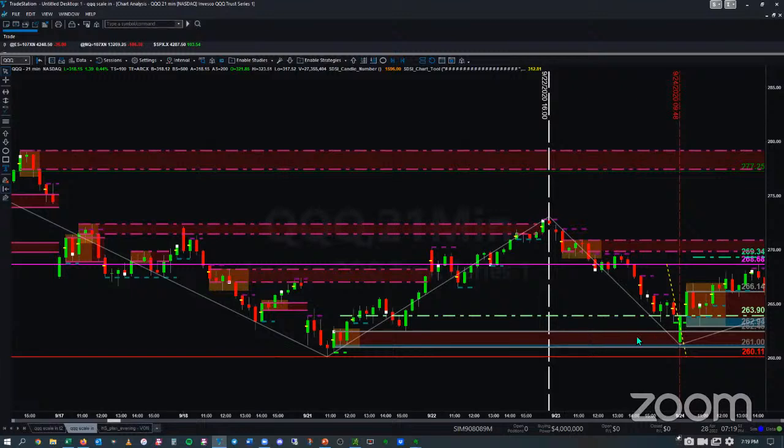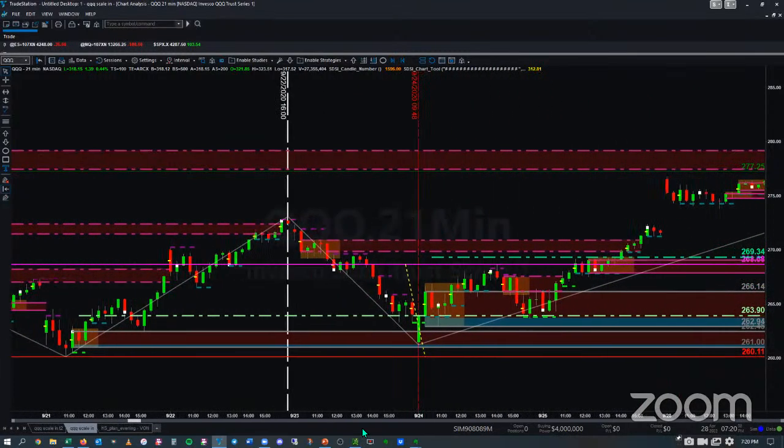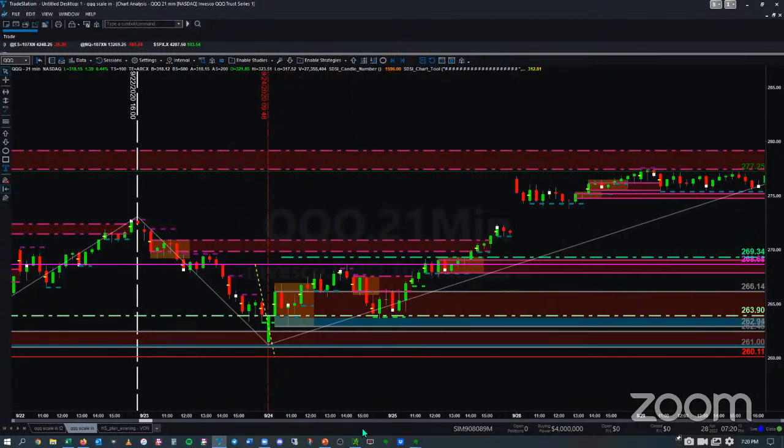And then price went on to meet your 1-to-1. So let me get back over here where you can see what's going on. So that's an example of the confluence band.